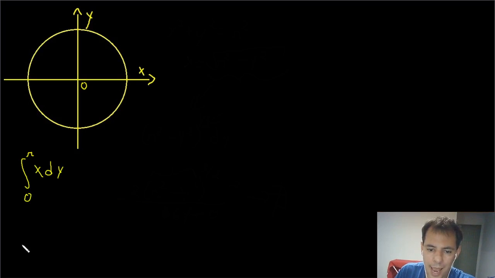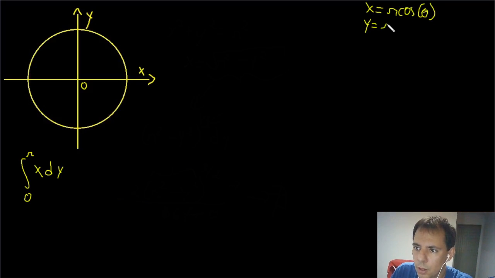So what is x with respect to theta? I'm just going to put it over here. What is x with respect to theta? x equals r cosine of theta, okay? y equals r sine of theta.